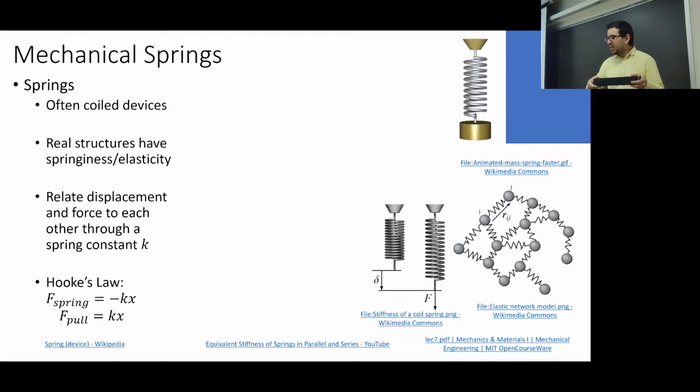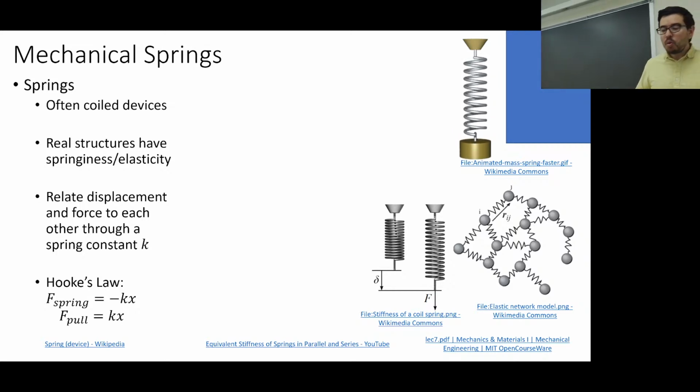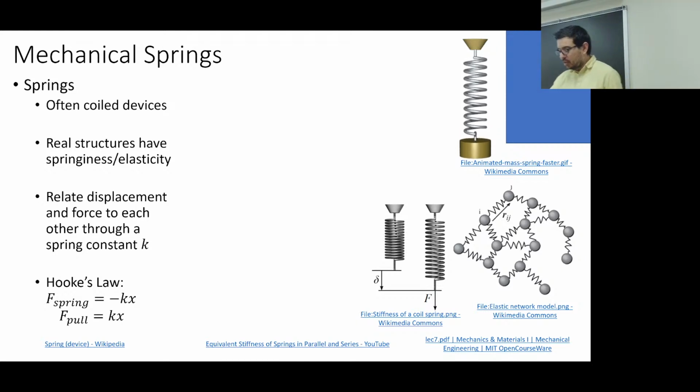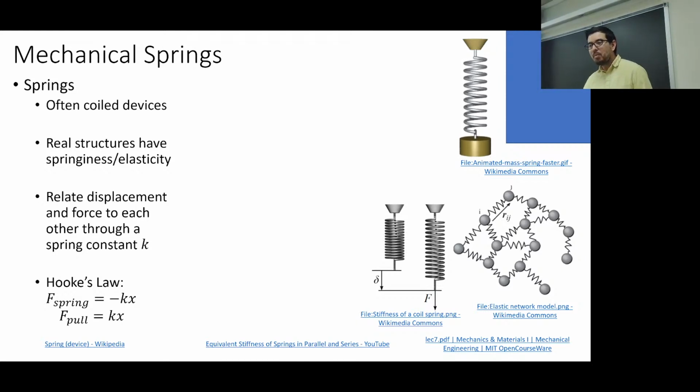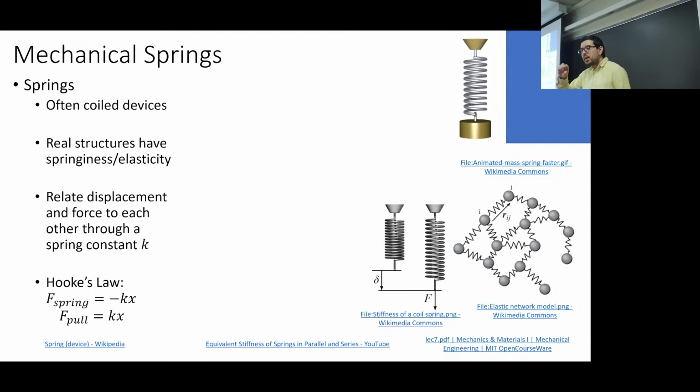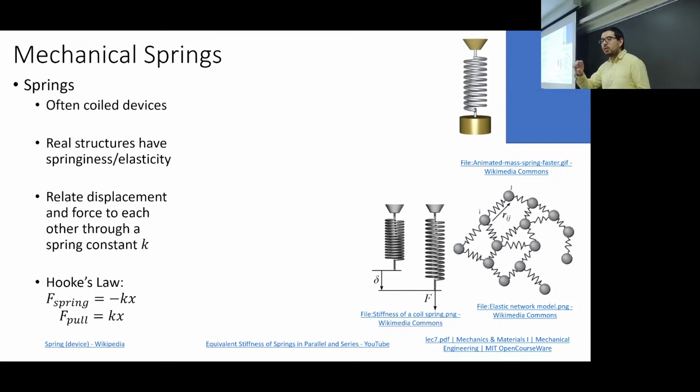I can think of a positive force in this direction that I'm exerting on the spring, right? Or I can think of this pulling force that the spring is exerting. That would be the minus kx version, right? That's pulling against my hand, okay? And it's important to realize that in one case, the force and the displacement are in the same direction.